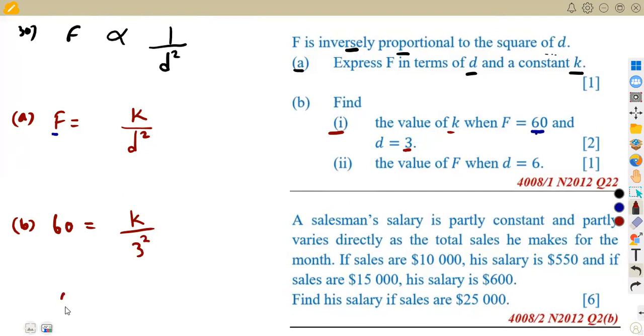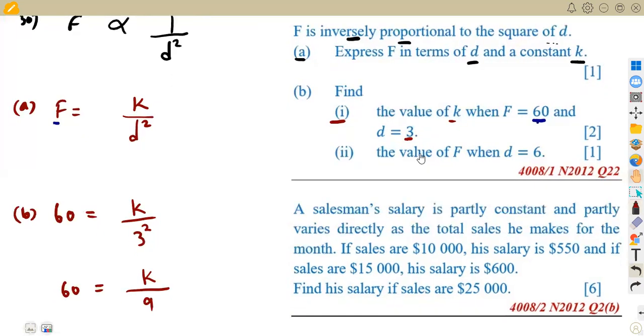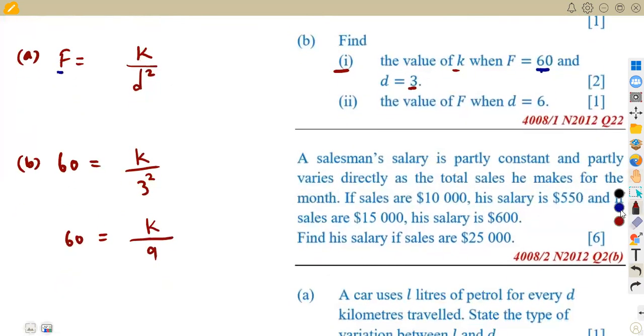So 60 is equal to k over 3 squared, which is 3 times 3, that is 9. So how are we going to solve for k? We talked about this, we cross multiply here. So 1 times k, that's k, is equal to 9 times 60. 9 times 0 is 0, 9 times 6 is 54. So we're going to have 540.